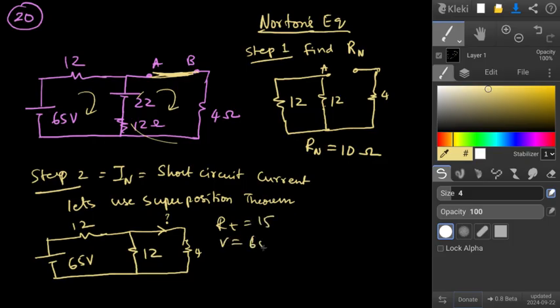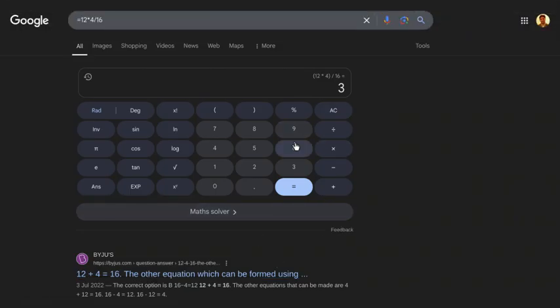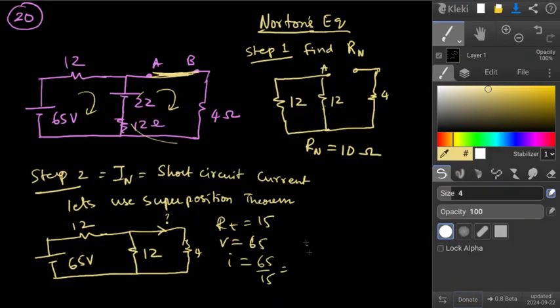V is 65, so total current will be V by R, 65 by 15. 65 divided by 15 is 4.33, which is splitting into two paths. One path going here and the other path going here.